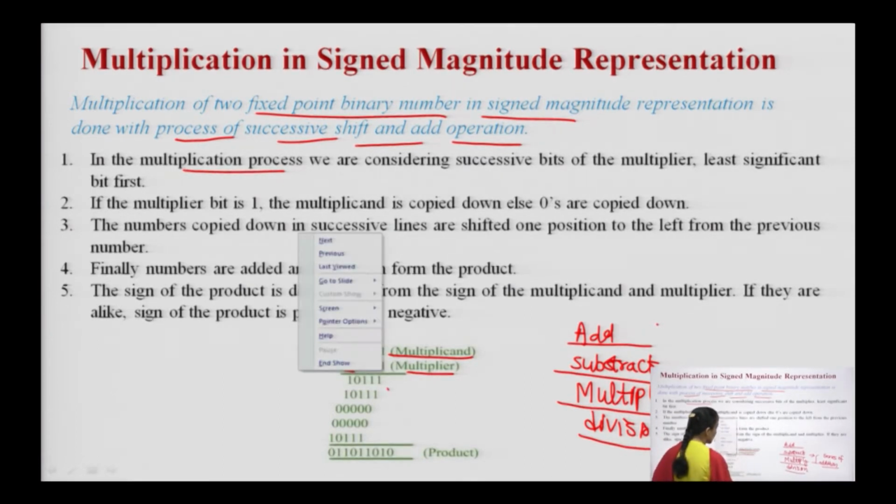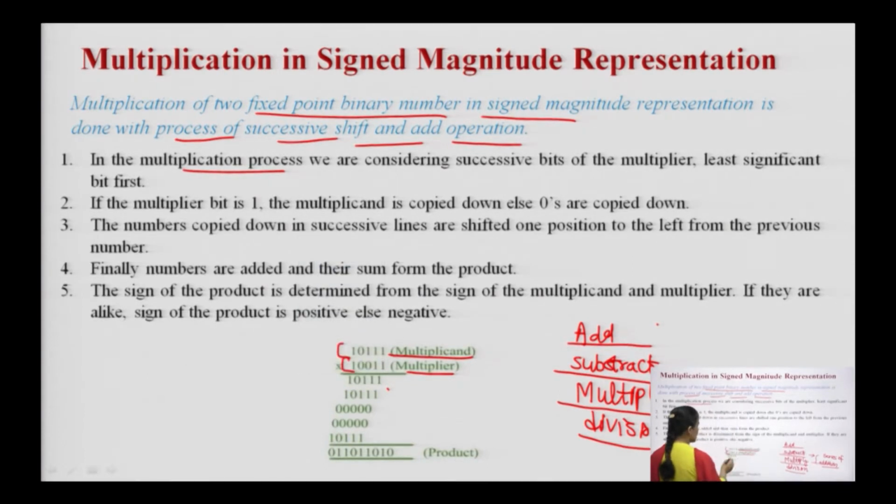We start with the LSB of the multiplier. If it is 1, then all the bits of the multiplicand are copied into an intermediate register. Here we are taking it as an accumulator. Then we move on to the next bit of the multiplier.